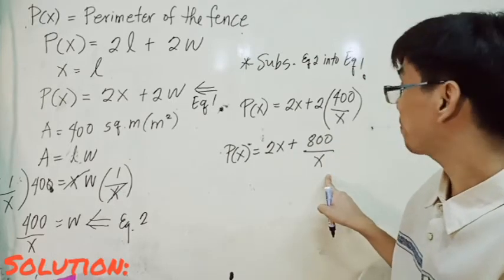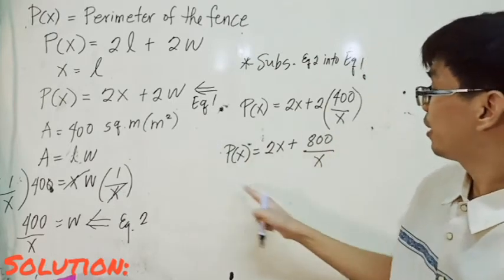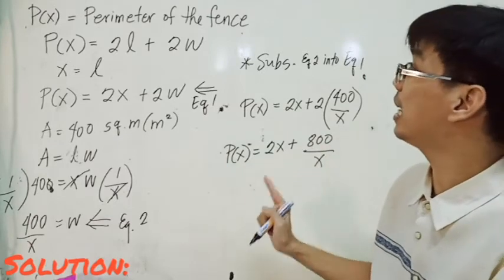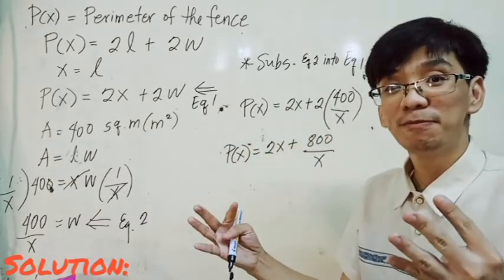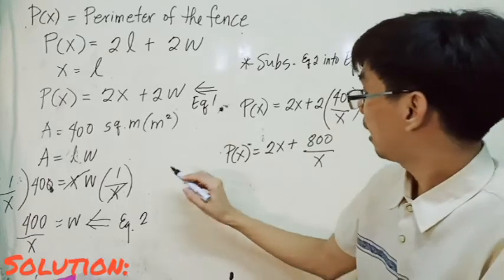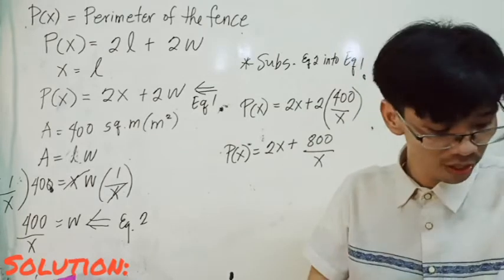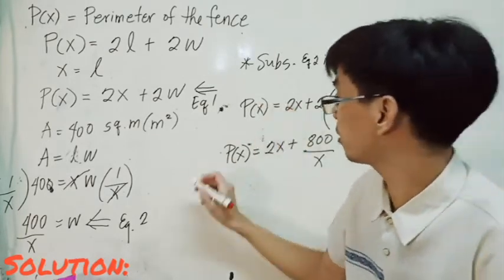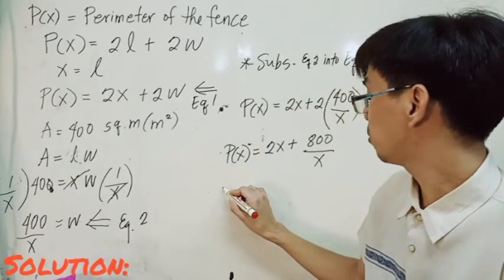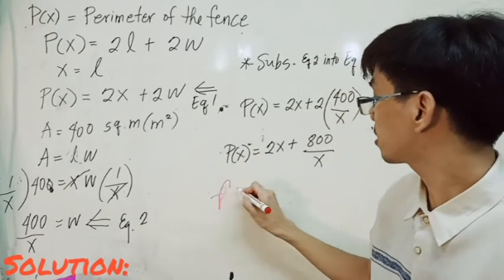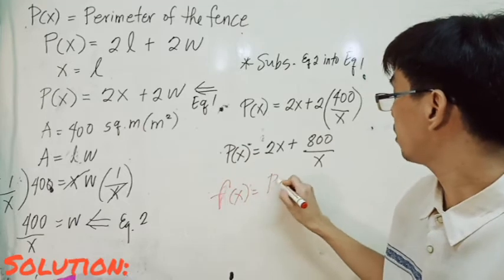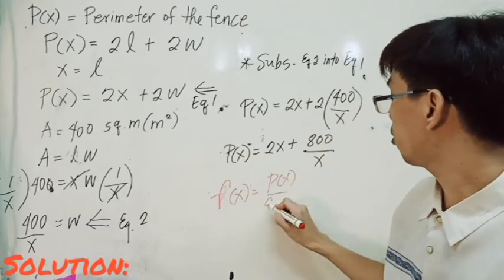And to give us a rational function in the form of, again, what is the general form for a rational function? The general form for a rational function is f of x equals p of x over q of x.